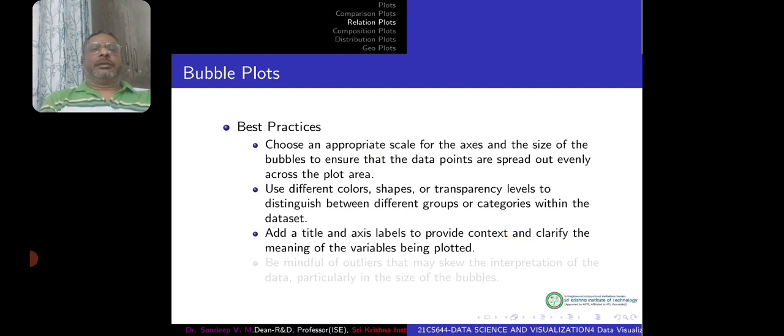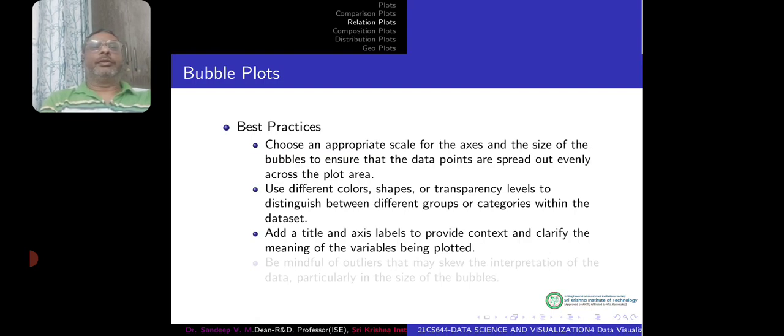So we must make sure to add title and axis labels to provide context and clarify the meaning of the variables being used. Make sure to add a legend so that everything is well understood on one plot itself. We don't have to keep asking what red is, what blue is, what round is, what diagonal diamond shape is, and all that.